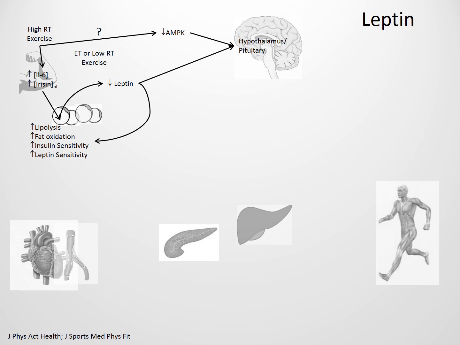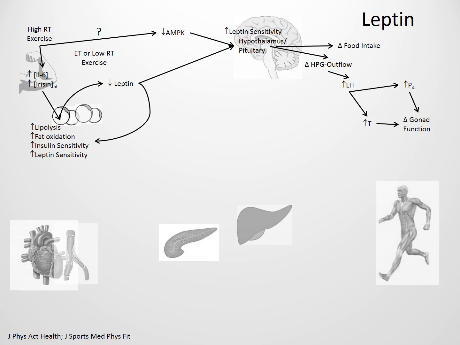When we have this occurring with a stimulus that diminishes a secondary signal known as AMPK, we end up getting a change in the food intake signaling as well as a change in the hypothalamic pituitary gonadal functions, leading to an increase of LH and an increase of testosterone and a normalization of gonadal functions, something that we'll get to when we talk about some of the reproductive issues.